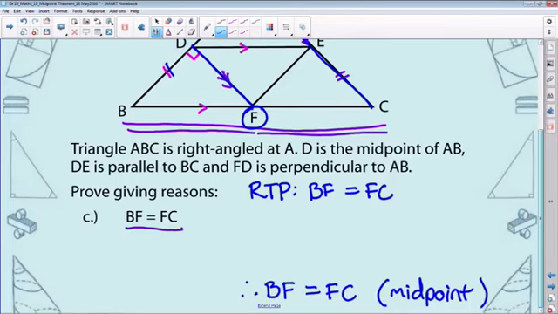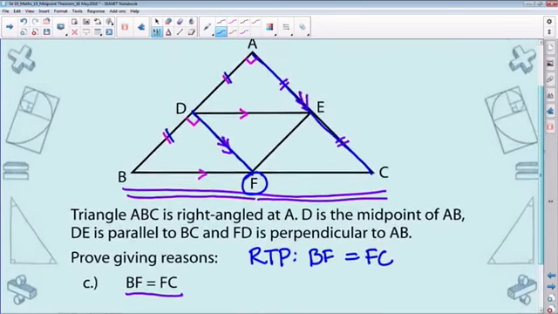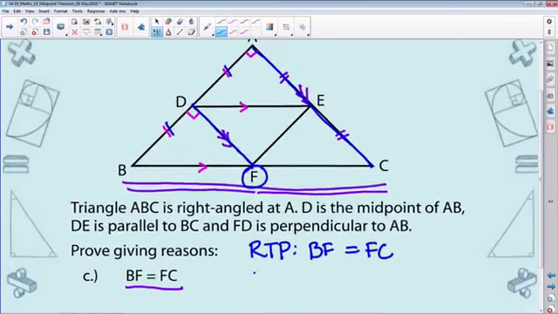Okay, I suppose I should write theorem. There we go, theorem. Okay, but I can't just state that. I need to say why the midpoint theorem applies. So I say that AD is equal to DB. How do I know this? Because it was given right in the beginning. We were told this.